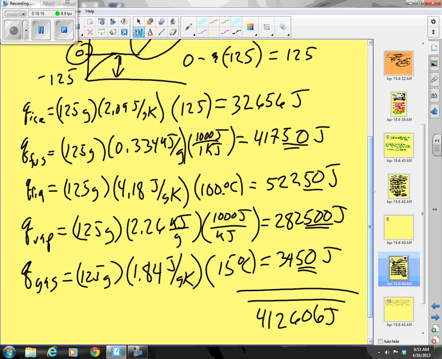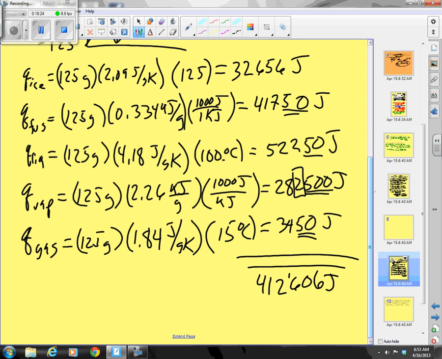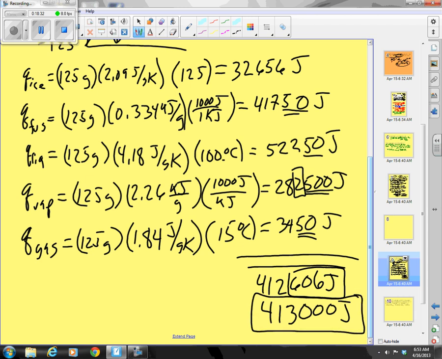And I am limited, when I add these things up, to the thousands. So anything that's not 1,000 has to be rounded, so it becomes 413,000 joules. That is our answer.